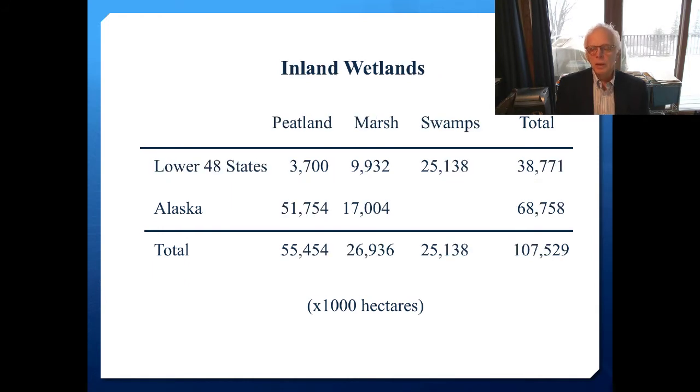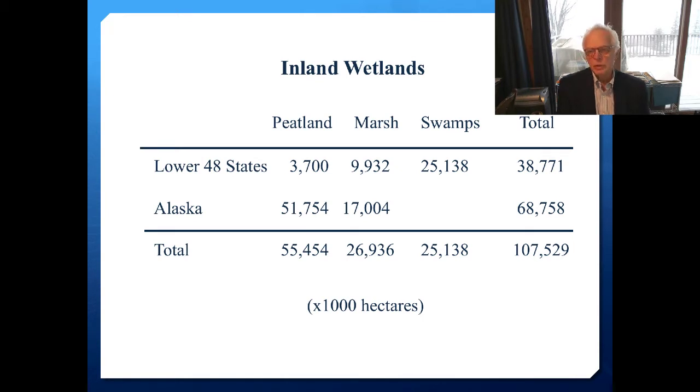If you think about inland wetlands, again, these are in the same numbers. The lower 48 states of the United States have something like 39 million hectares of peatlands, marshes, and swamps. Alaska has a terrific amount.